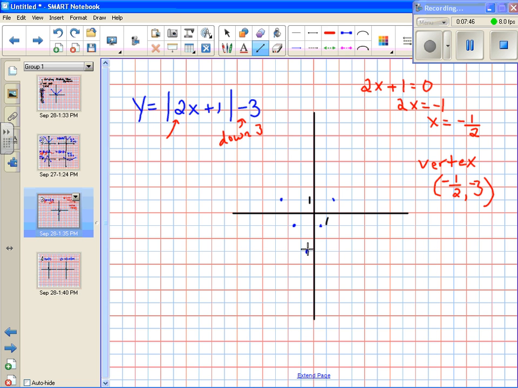And now I can draw my graph. And my domain, all real numbers. And the range, notice my lowest point is at -3, so y is greater than or equal to -3.